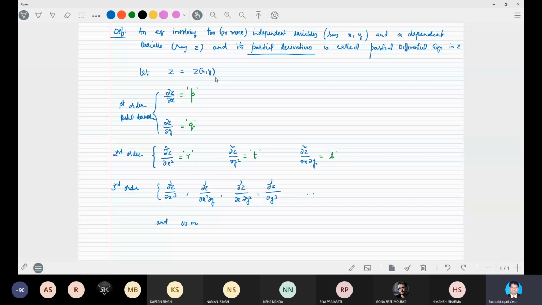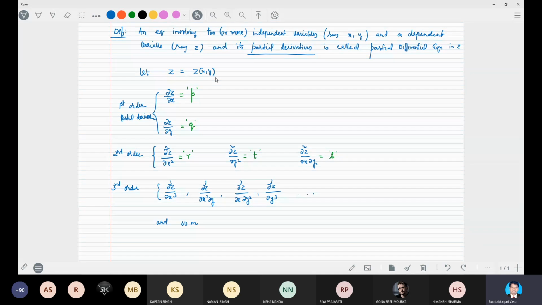The first order derivatives are denoted by p and q, the derivatives of z with respect to x and y.